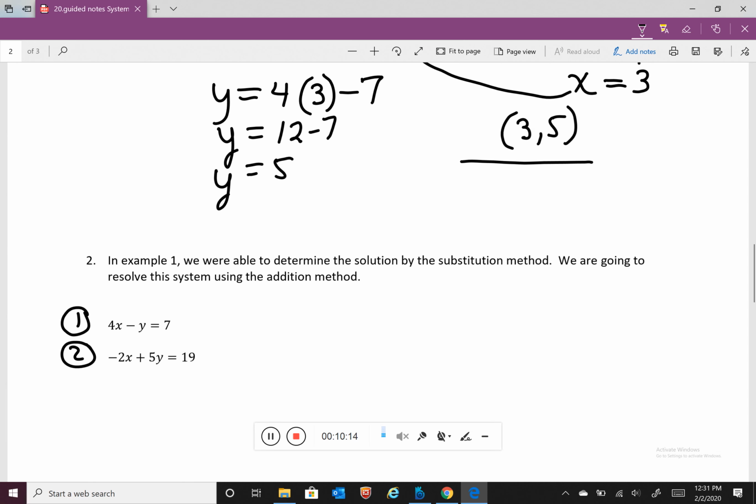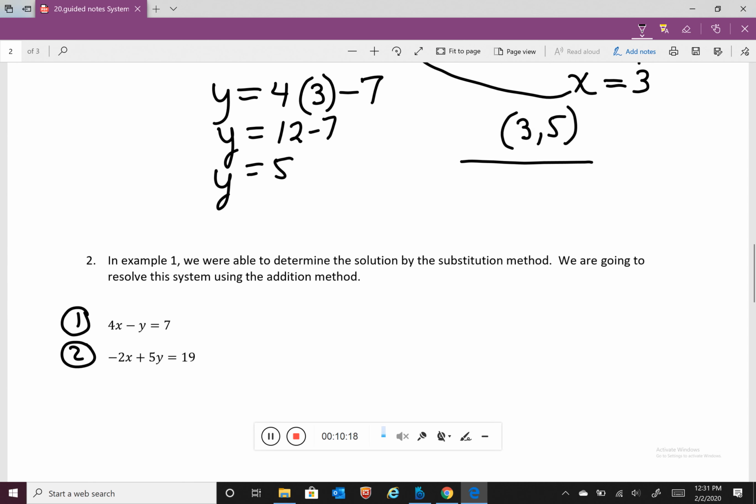Now you have a couple choices. One choice that you can make, this is a choice, is you can leave the first equation alone. But in order to get rid of the x variable, I would have to multiply the second equation by 2. So notation for this, I'm going to leave the first equation alone.